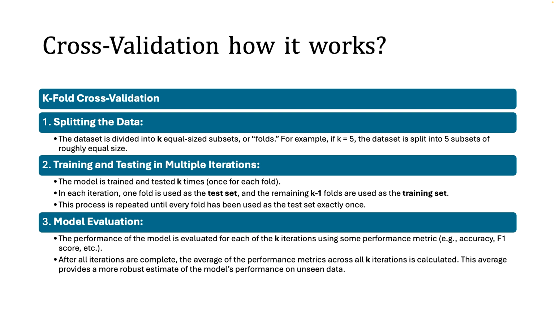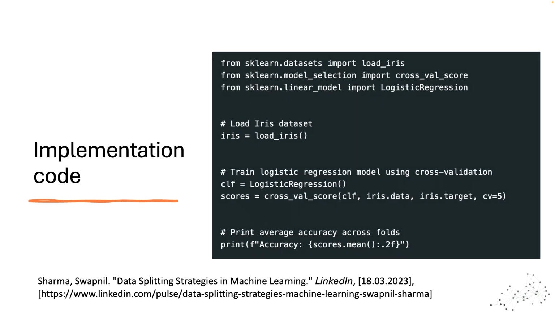Then we evaluate our model with some accuracy metrics. At the end, we have an average performance calculation. Here is another example where we use cross-validation splitting.